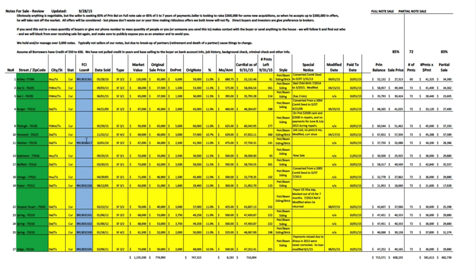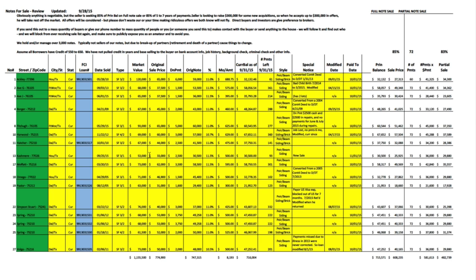All of this stuff is in the Dallas-Fort Worth Metroplex. It lists when they sold it and the type of property. They're all single families, 3 and 2s, a couple 4 and 2s, 3 and 1s. They're all 3 to 4 bedroom. It also lists what the market value is now, what they originally sold for, and the down payment.